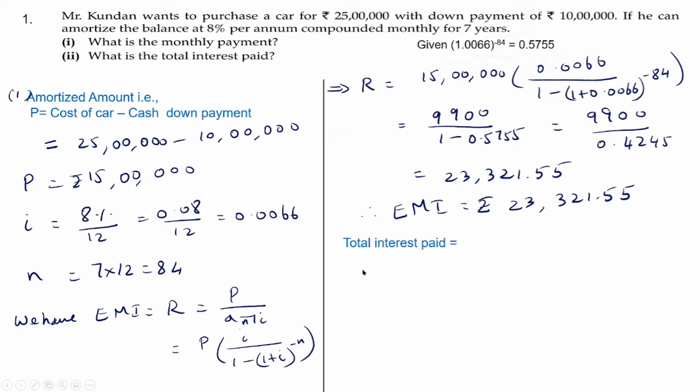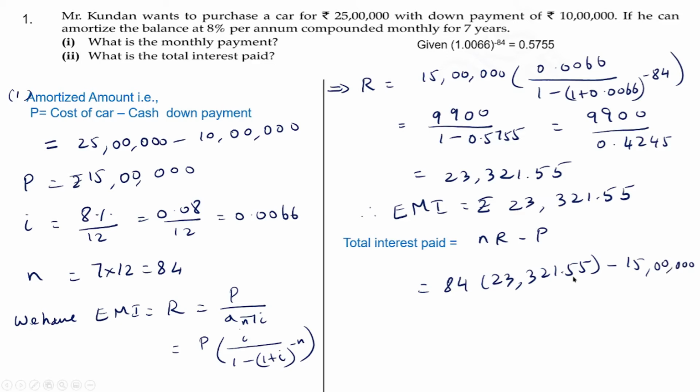And next we have total interest paid. The total interest paid is calculated as N into R minus P. This is R and N is 84. So it is 84 into 23,321.55 minus principal, which is 15 lakhs.